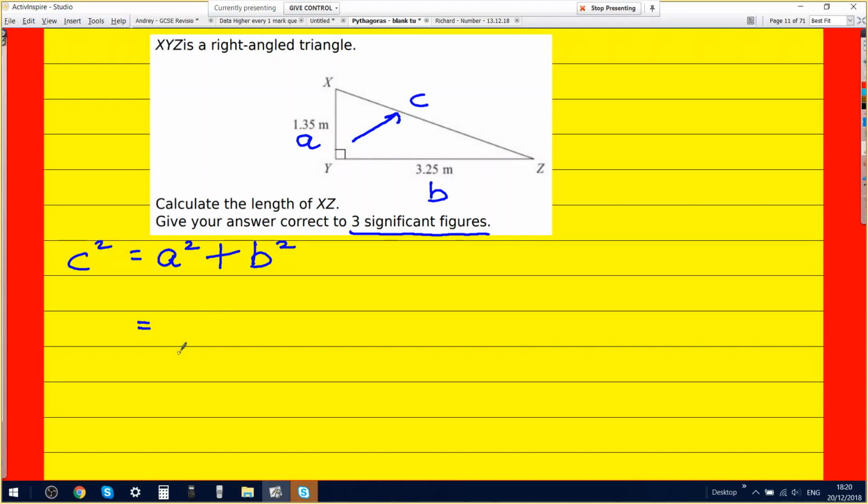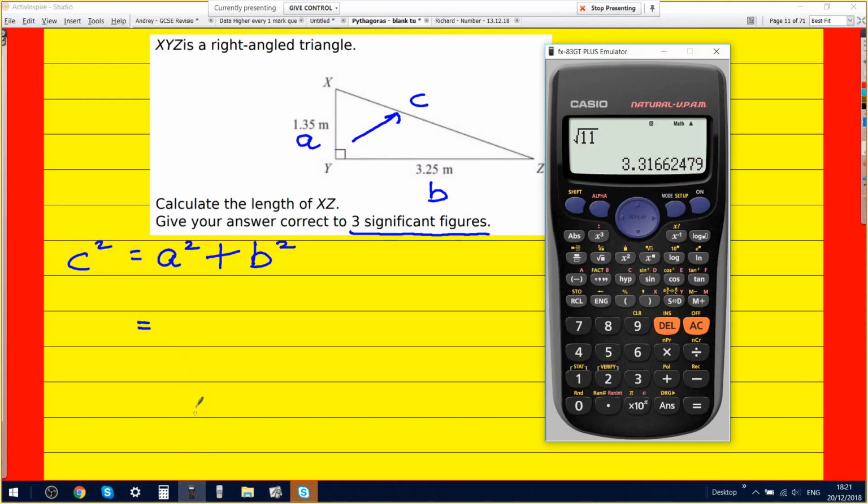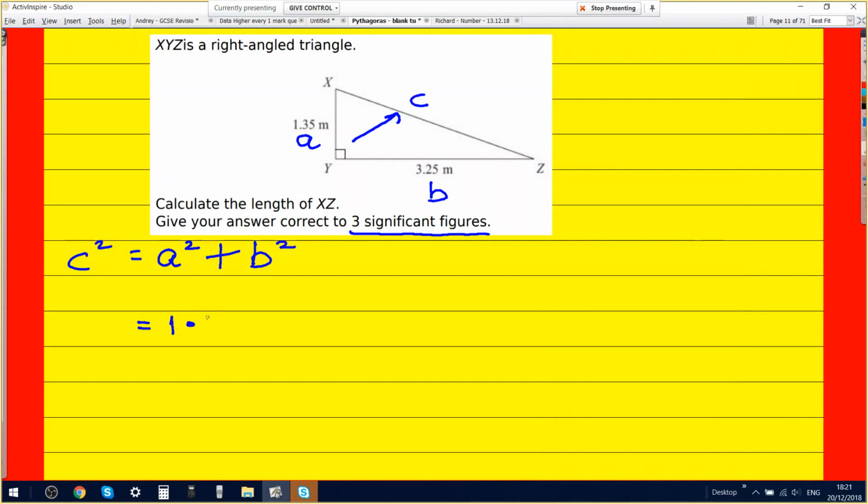A squared plus b squared. So A is 1.35. So that's going to be 1.35 squared. And then how about the other one?